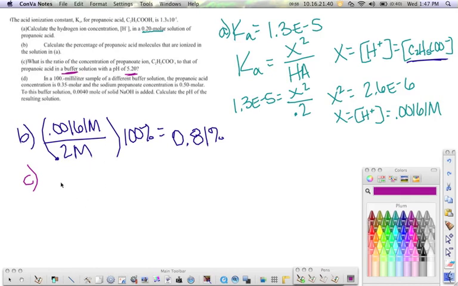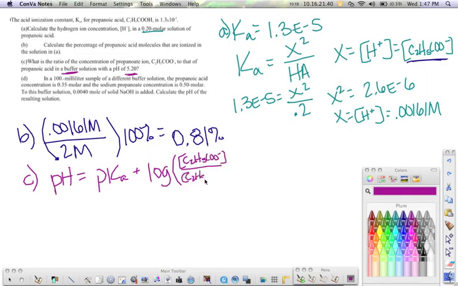And so we get to use pH equals pKa plus the log of the base, C2H5COO minus, over the acid. And if you look, there's our ratio right there. This is the ratio of propanoate to propanoic acid.